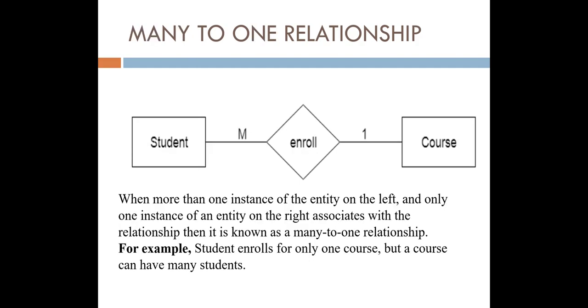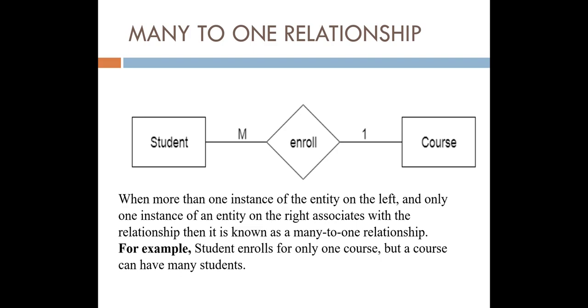Next one is the many-to-one relationship. Here many instances of the entity on the left hand side are associated with one instance of the entity on the right hand side, and it is known as a many-to-one relationship.